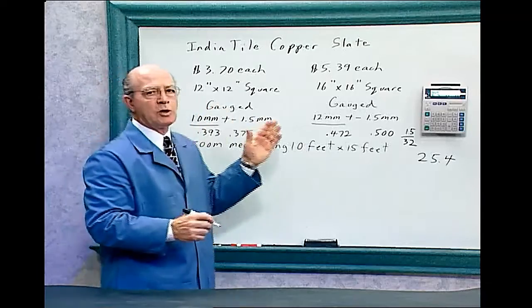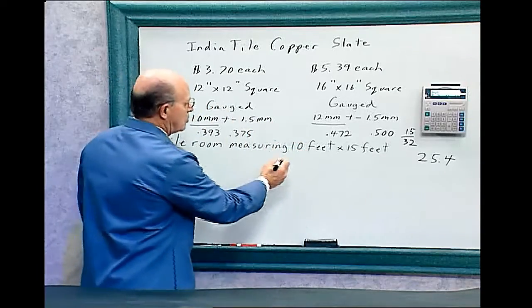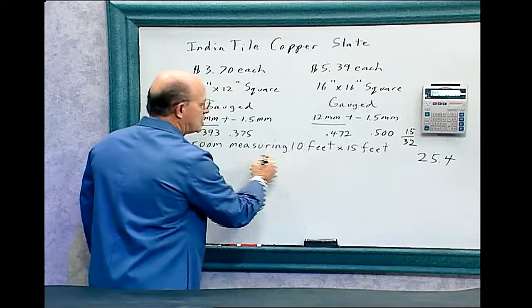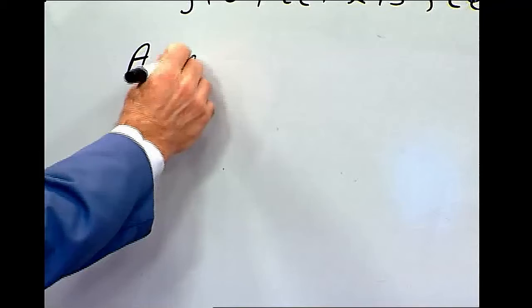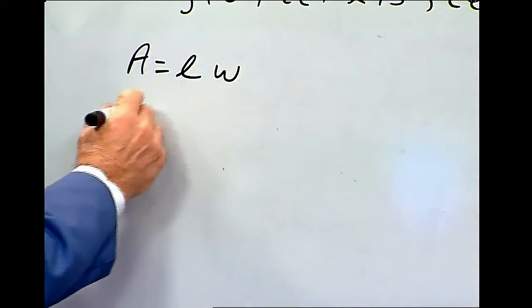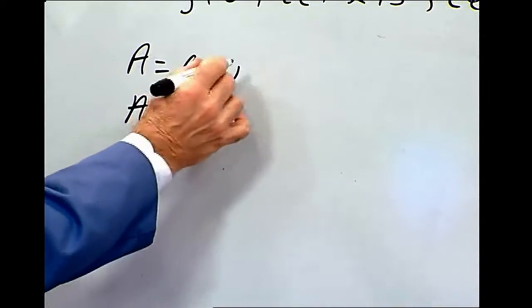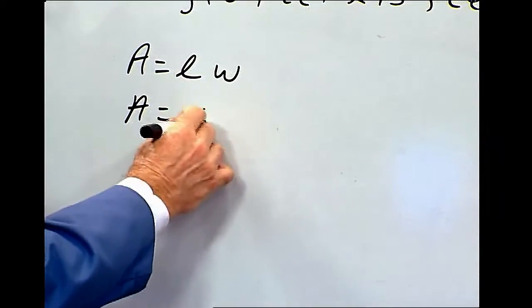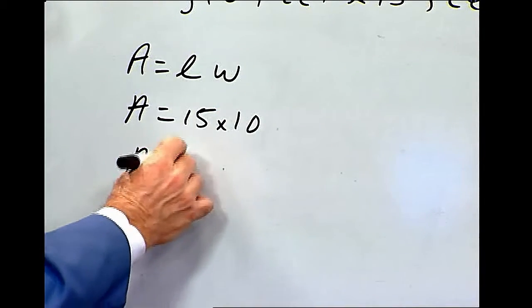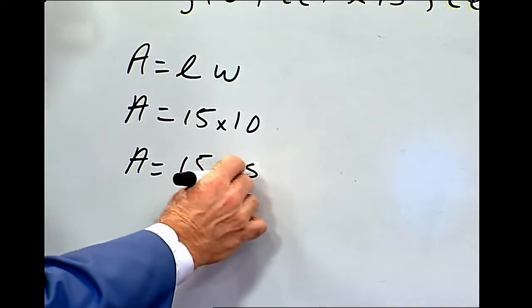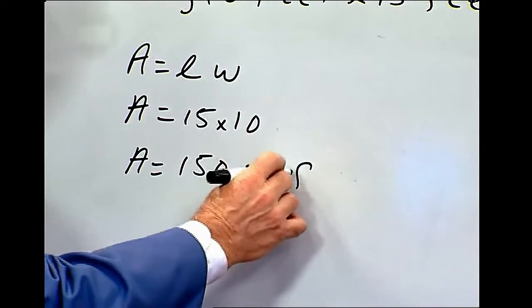Now we want to see how much it would cost us to tile a room that is area equals length times width. The length is 15 feet times 10. Area equals 150 square feet.